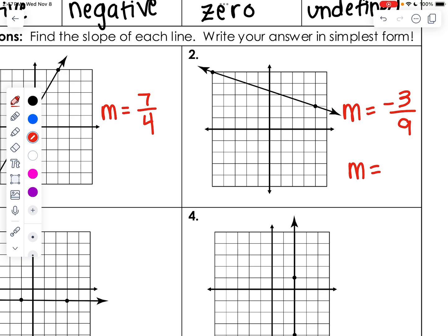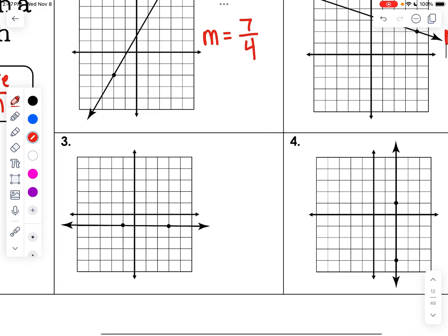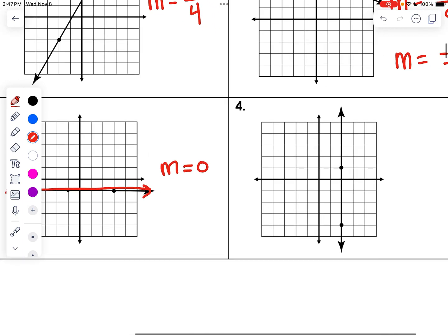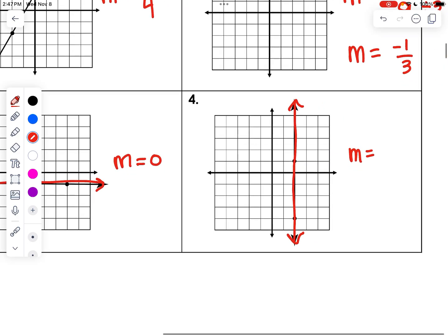So divide by 3. So it's negative 1/3. Okay, number 3, this slope is this line. That slope is 0. And this one, we're talking about this line, and that slope is undefined, right? We just talked about this in the examples above.